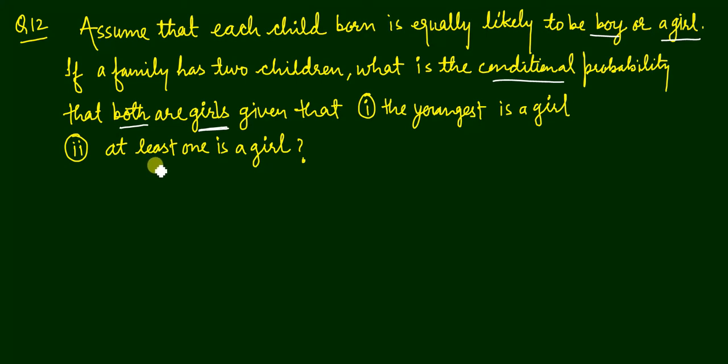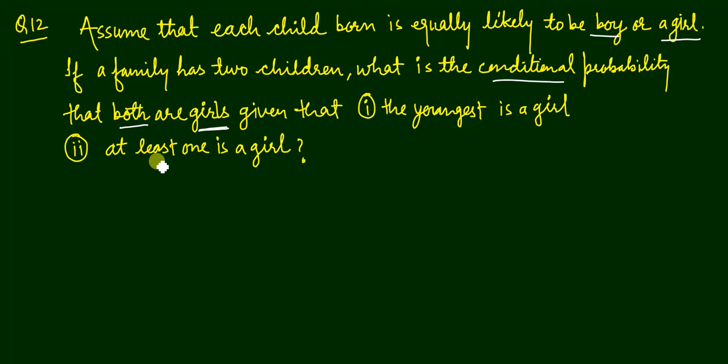So here we have to find out the probability that both the children are girls. In first, it is given that youngest is girl and in second, at least one of them is girl, means these are given things.